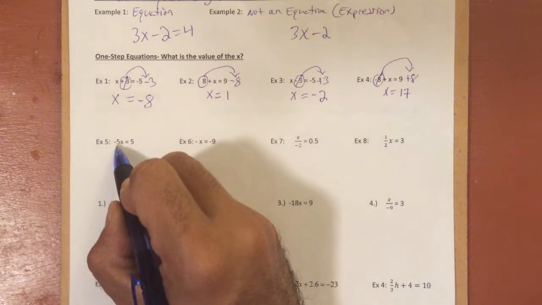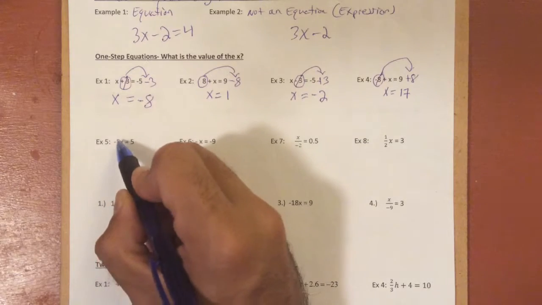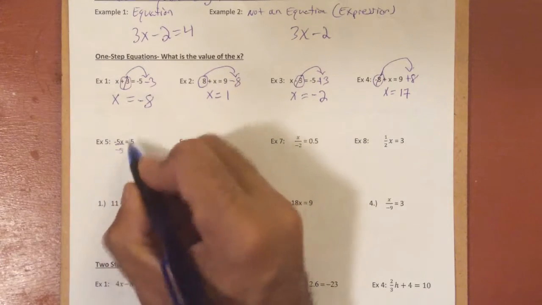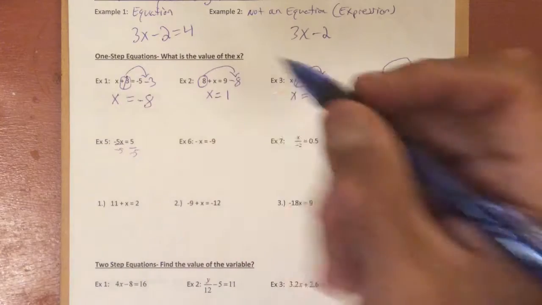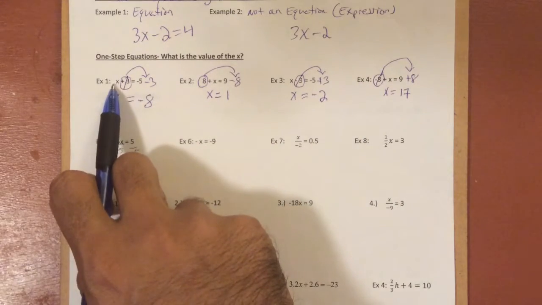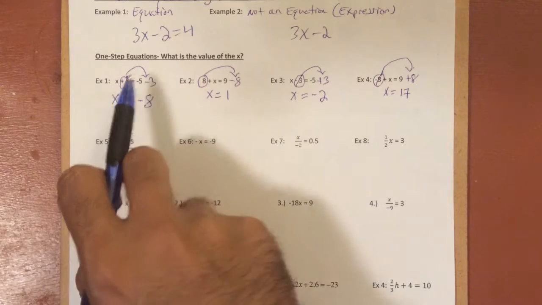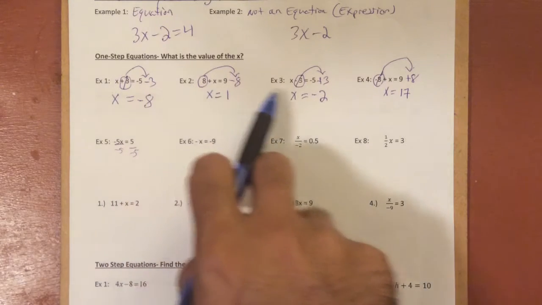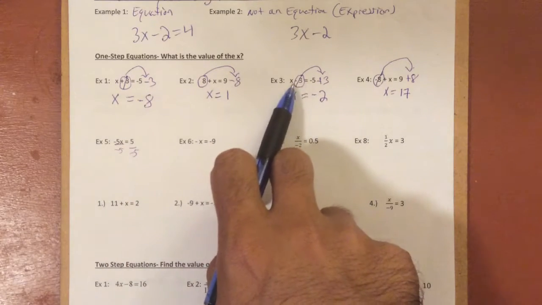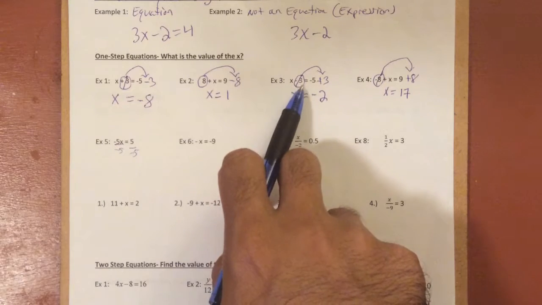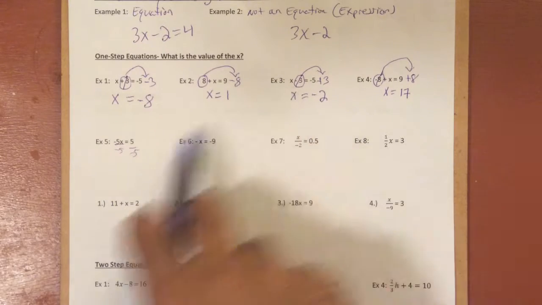Now if you notice, the opposite of multiplying by negative 5 is to divide by negative 5. Now remember, if between the letter and the number there's a plus, you know that's addition. If there's a minus in between the two numbers, or the letter and the number, that's subtraction.